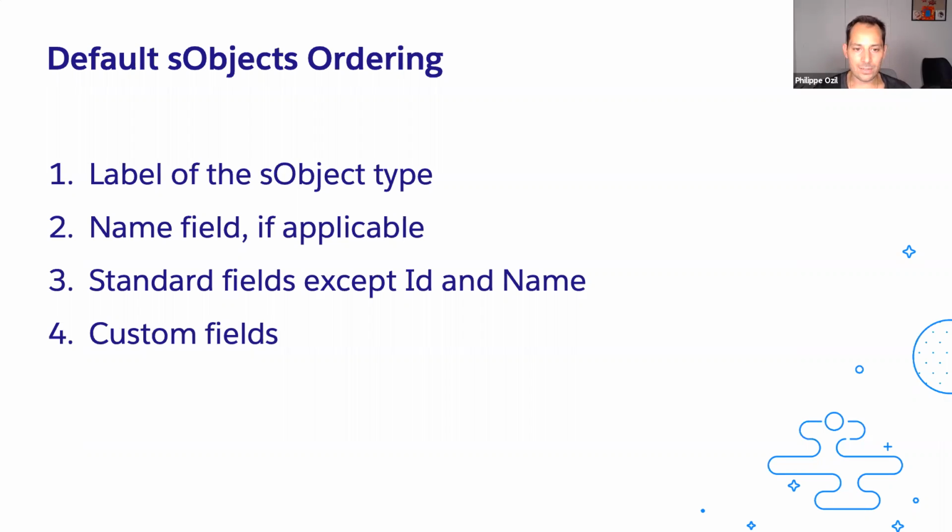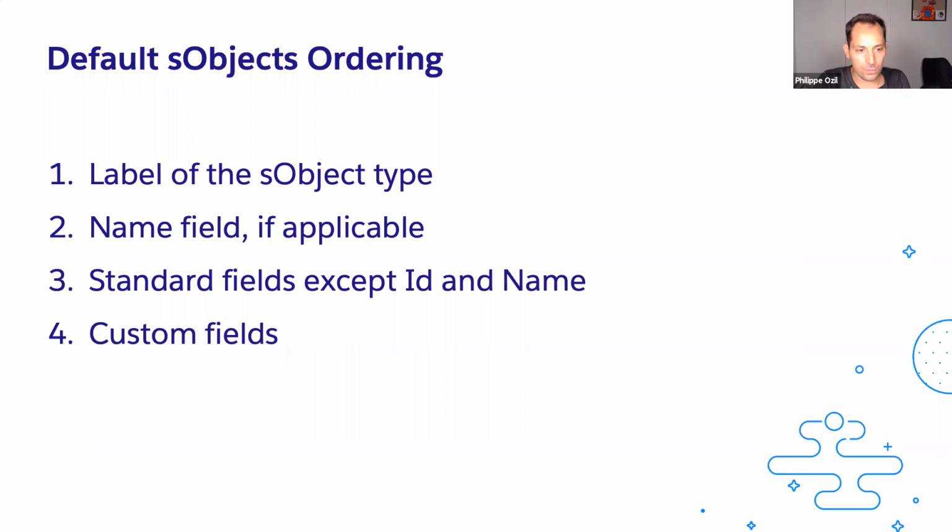So for example, accounts starts with an A, so it will be first in the list. Then there's going to be contacts because it's a C, and then opportunities. So this is the first level of sorting, the type sorting.